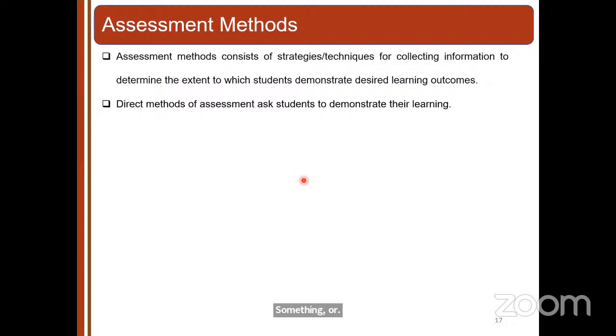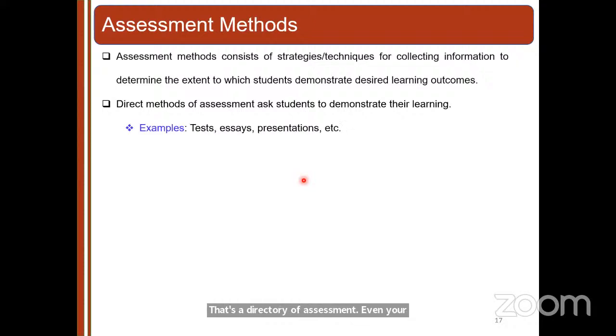That's a direct method of assessment. Even your end exams are direct methods of assessment. The presentations, poster presentations that you give in the class, the essays, role plays, field visits, case studies, reports, everything comes under the direct assessment method.